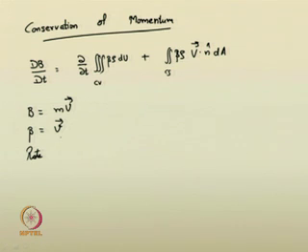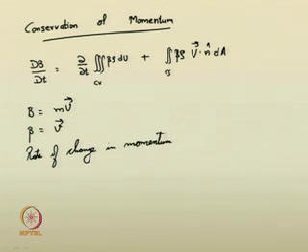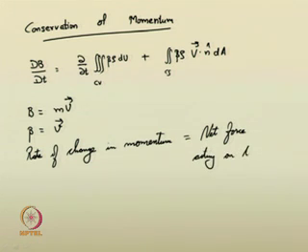According to the physics law, the rate of change in momentum is equal to the net force acting on the control volume. That is the physics law. According to Newton's law, the rate of change of momentum is equal to the net force acting on the control volume.